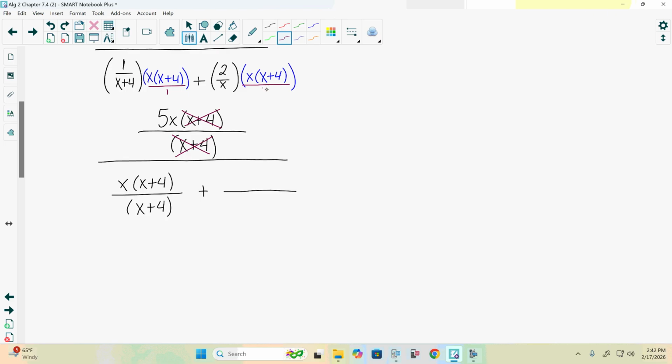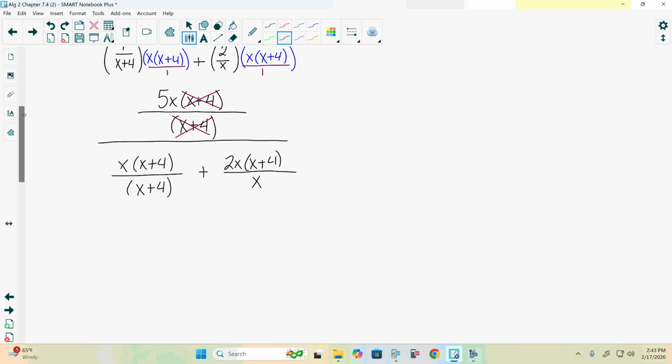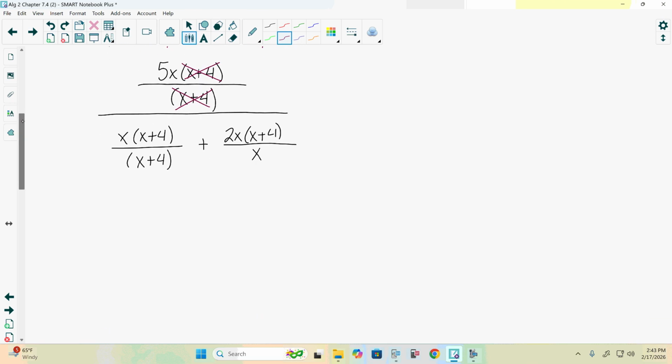Again, with our other multiplication, we're going to be multiplying the 2 times our x plus 4, and it's over x. Well, the first expression, just like with the top, the x plus 4 and x plus 4 will cancel.